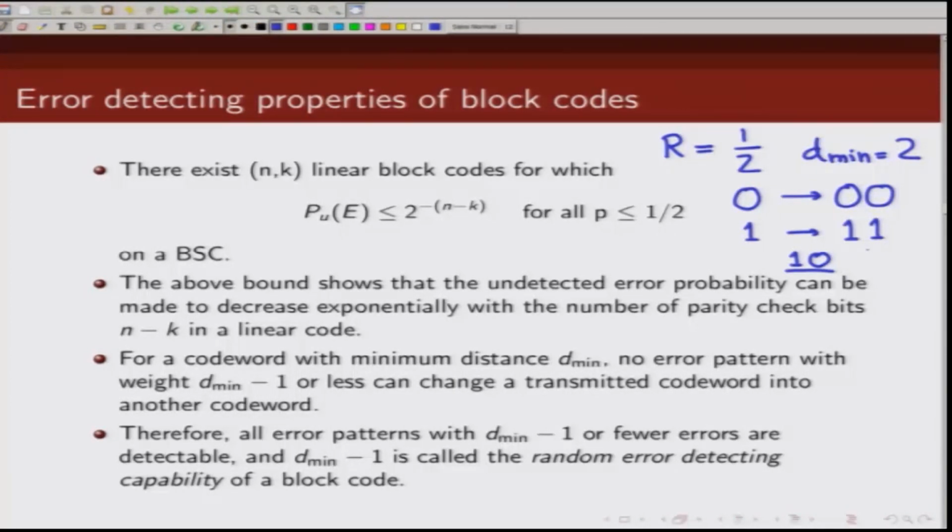So, we are able to detect single error. So, to repeat, if you have a linear block code whose minimum distance is d min, you will be able to detect all random error patterns up to d min minus 1.